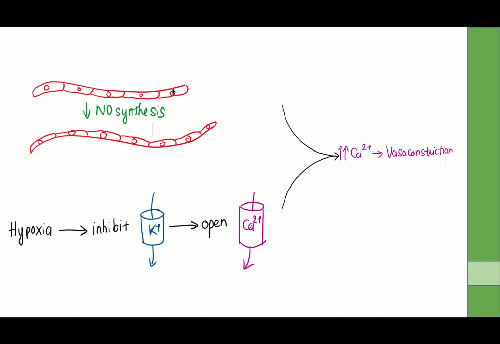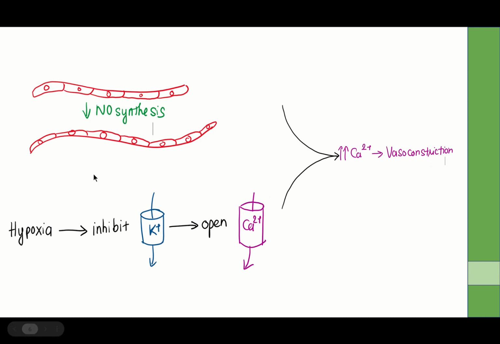The first is that the endothelium in the blood vessel will decrease NO synthesis due to the hypoxia, and as you know, NO is the substance which makes the vessel dilate. So if there is no NO, the vessel cannot dilate, and it can cause an increase in calcium inside the cell, and that's vasoconstriction.